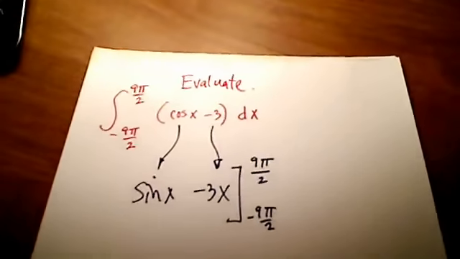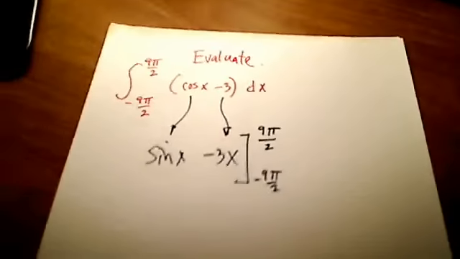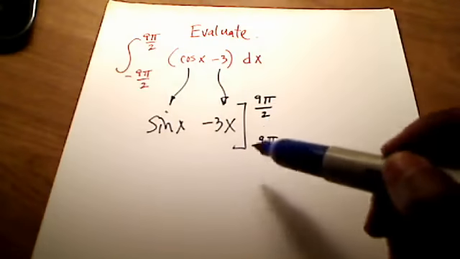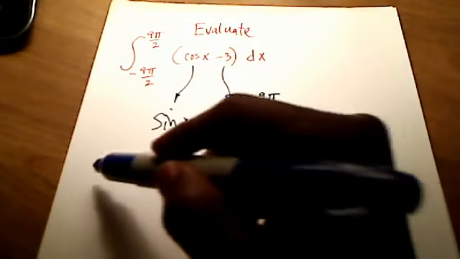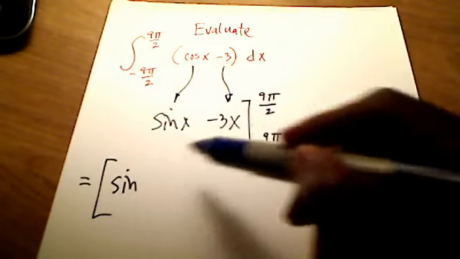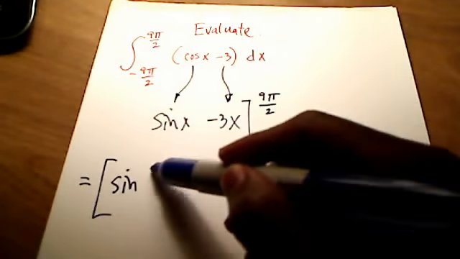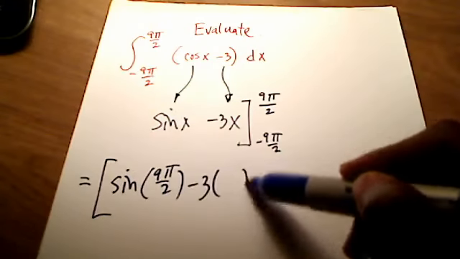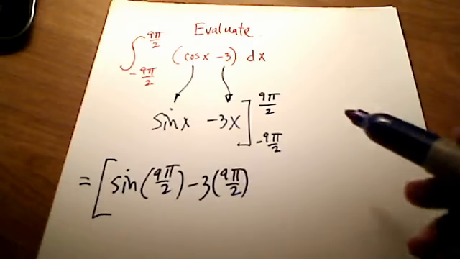And the fundamental theorem of calculus says to rewrite this thing this way. I've got the sine of 9 pi over 2 minus 3 times 9 pi over 2.